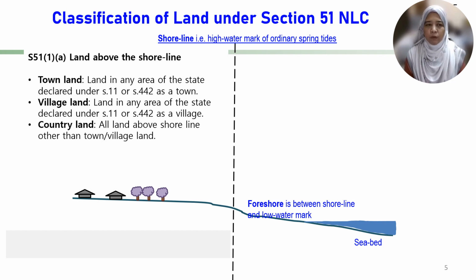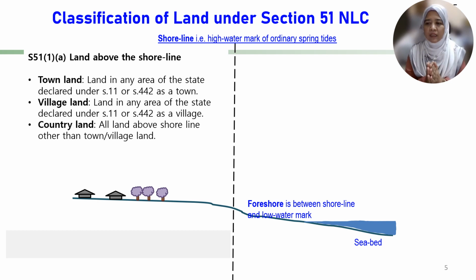Now, if you read there, town land and village land are any land that has been declared under Section 11 or Section 442, either as a town or as a village. So, apa saja yang telah diisytiharkan sebagai bandar ialah tanah bandar.